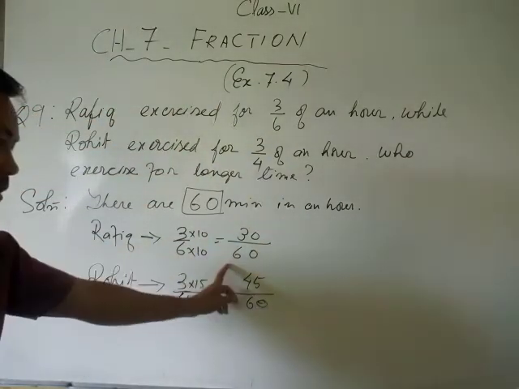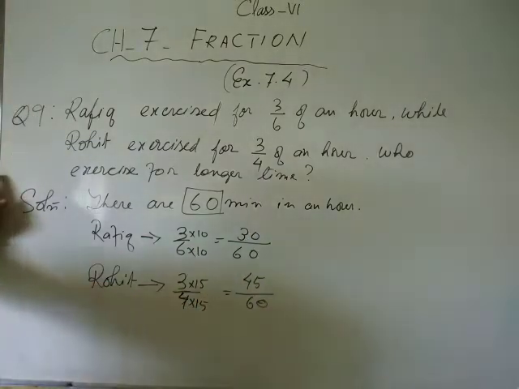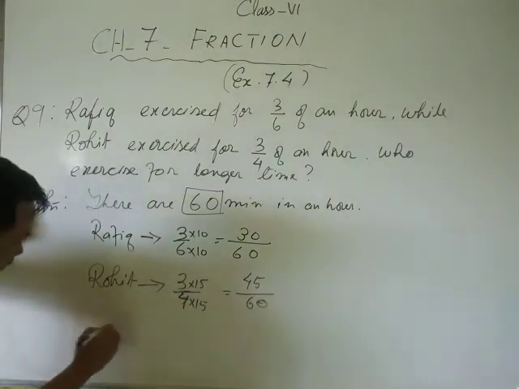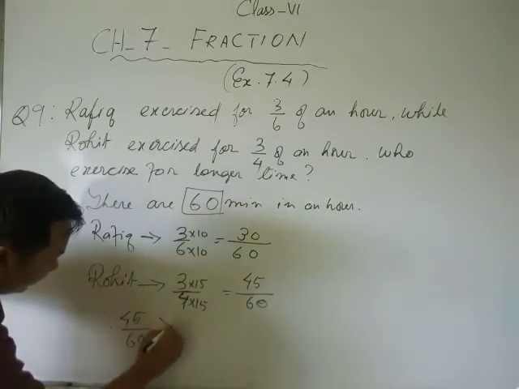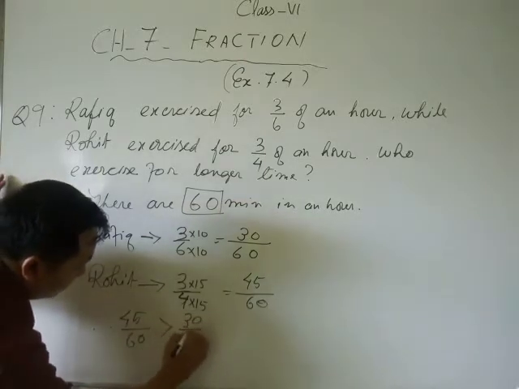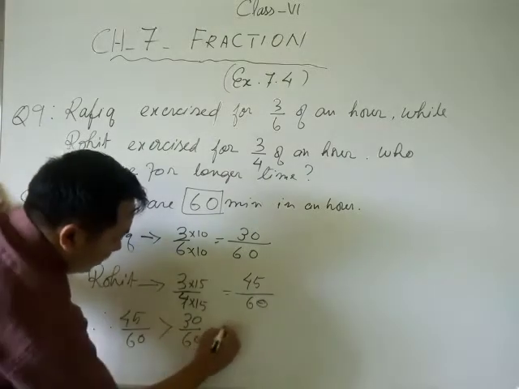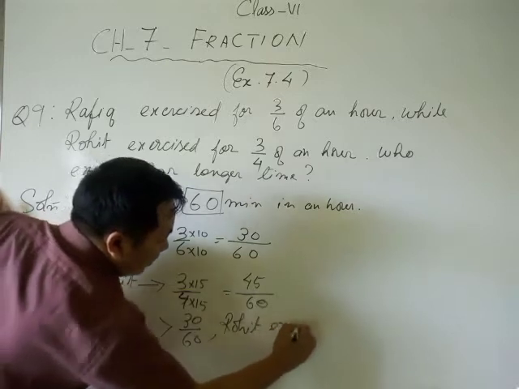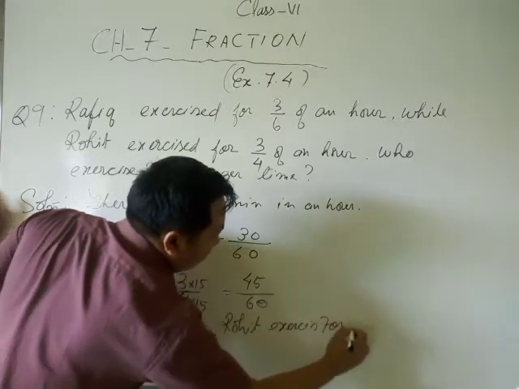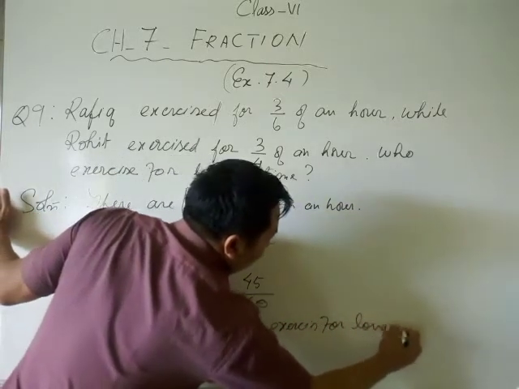Means 30 out of 60, 45 out of 60. Who is greater here? Now, therefore, 45 by 60 is greater than 30 by 60. That means Rohit exercised for a longer time.